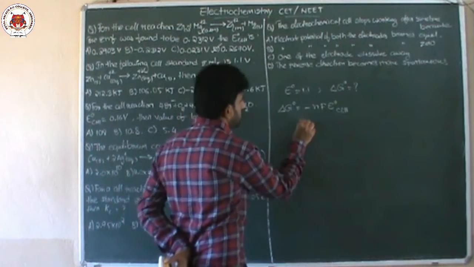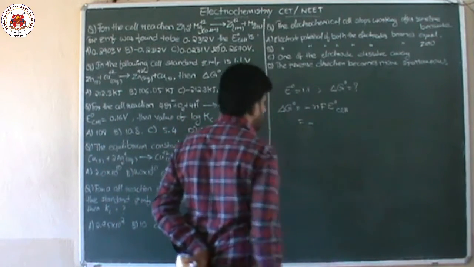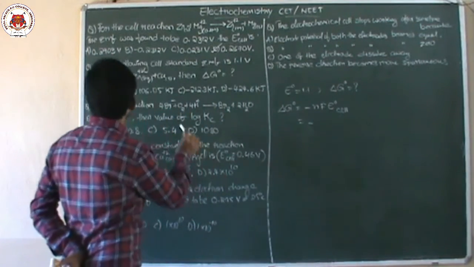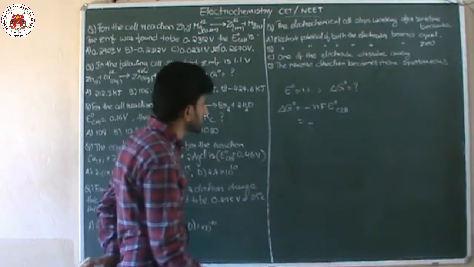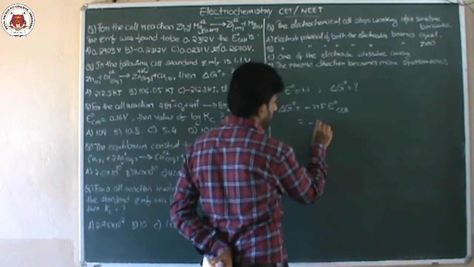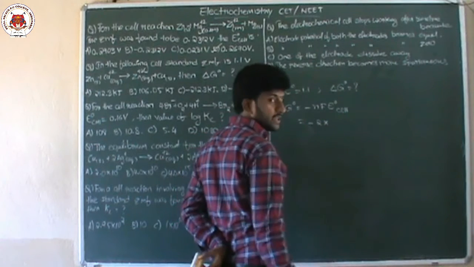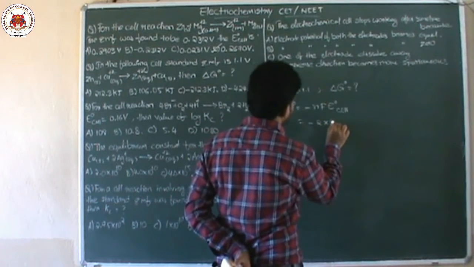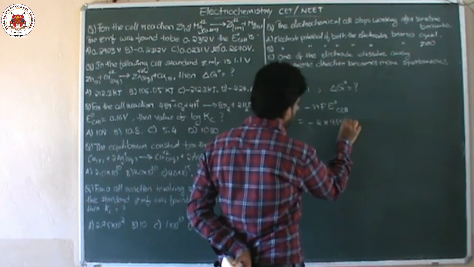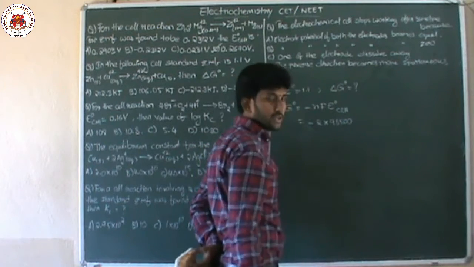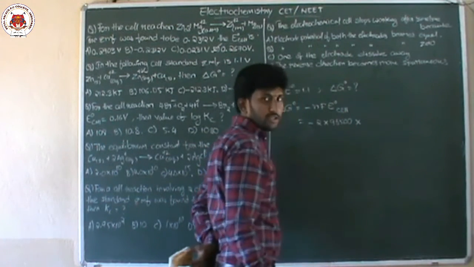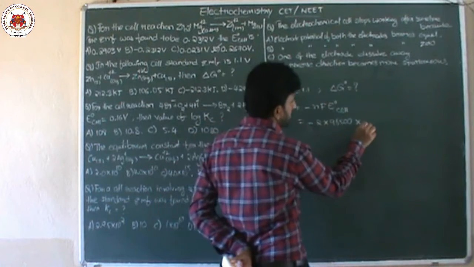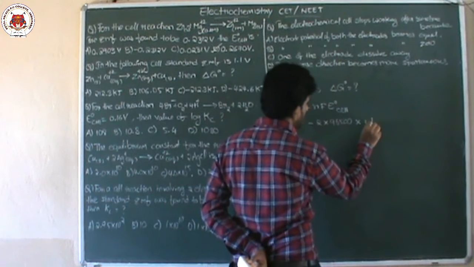So minus, what is the n value here? The n value for this reaction is again 2 only. So 2 into, what is the Faraday? 1 Faraday will be equal to 96,500 coulombs, into E naught cell. What is E naught cell given to us? 1.1 volt.